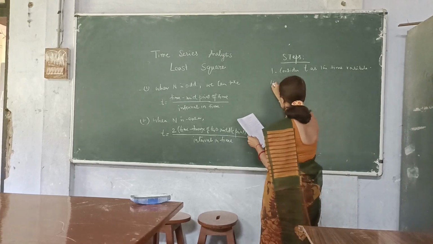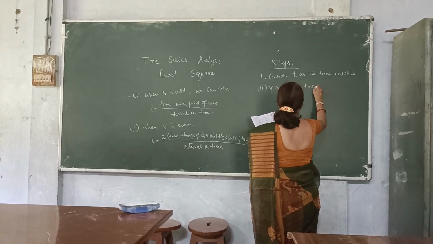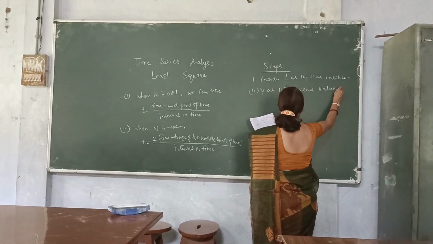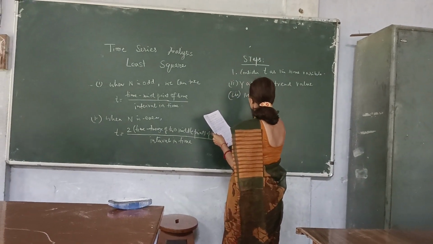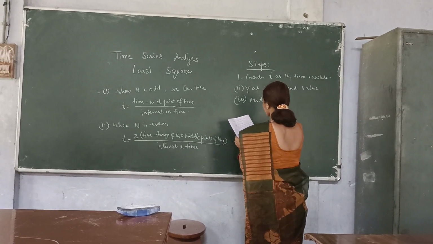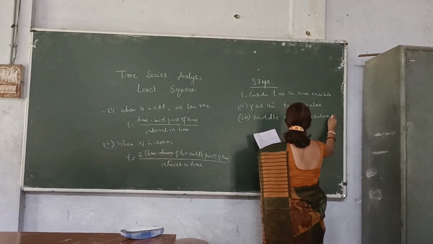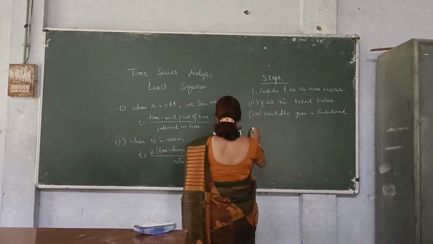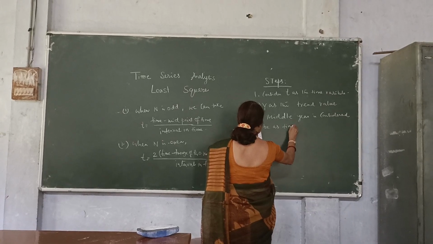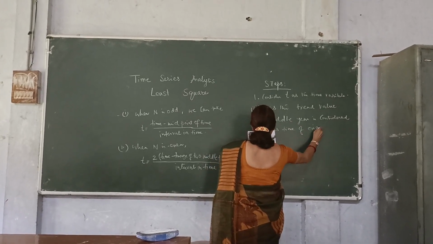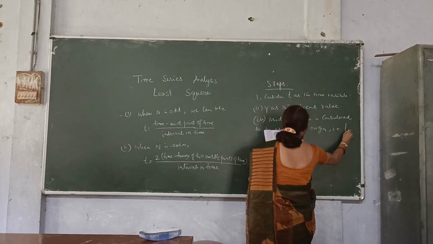Second step, y is the trend variable. Then third, the middle year is considered to be the time of origin, that is t.